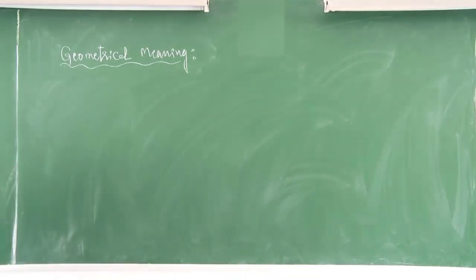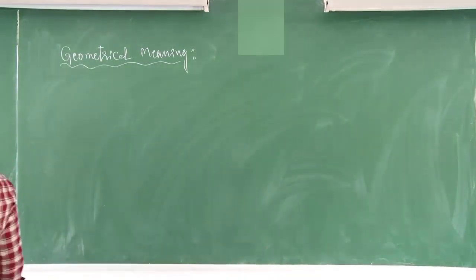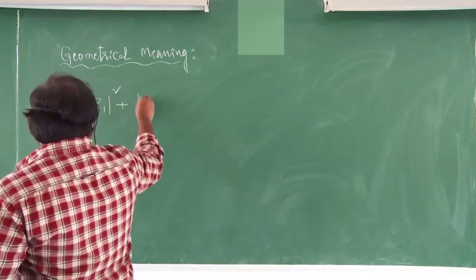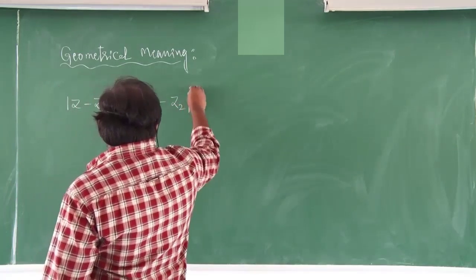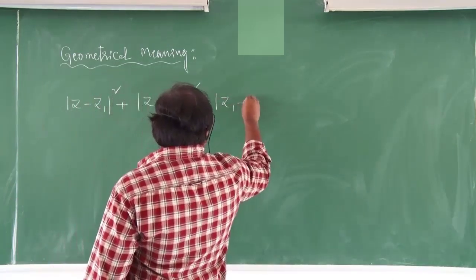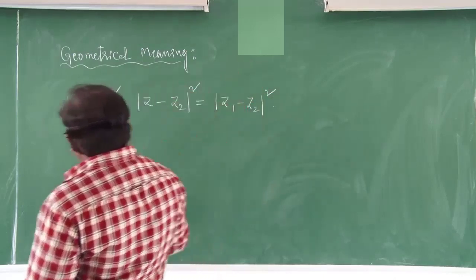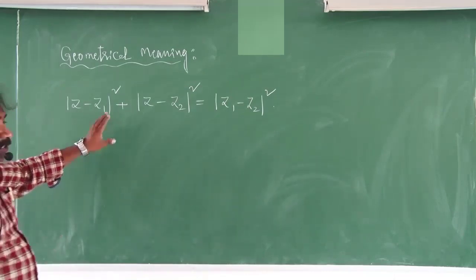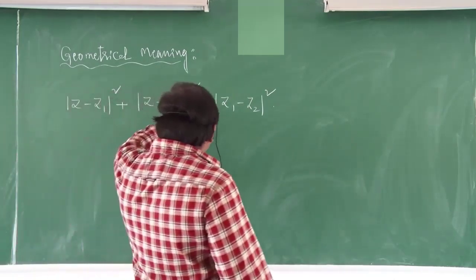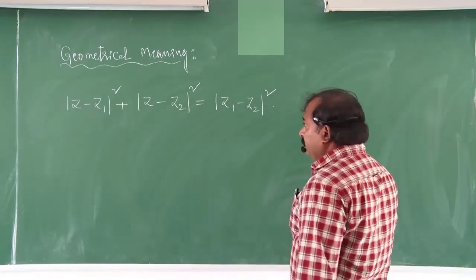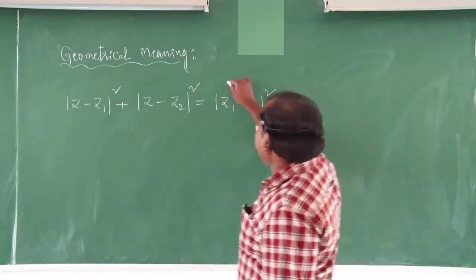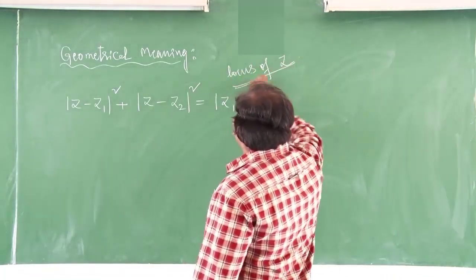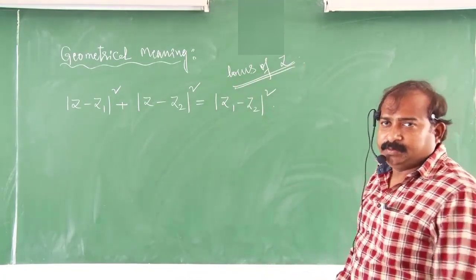Here the next condition they given as modulus of z minus z1 square plus modulus of z minus z2 square equal to modulus of z1 minus z2 whole square. Okay, find the locus of z. Same thing.